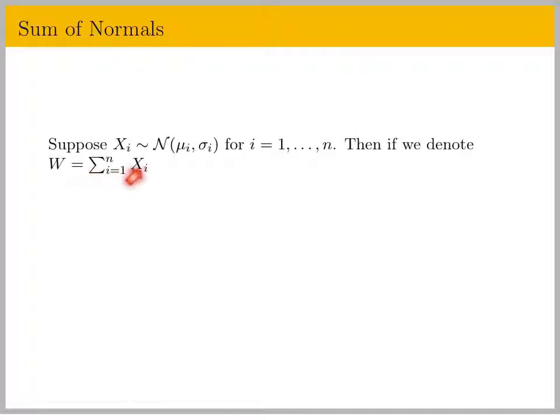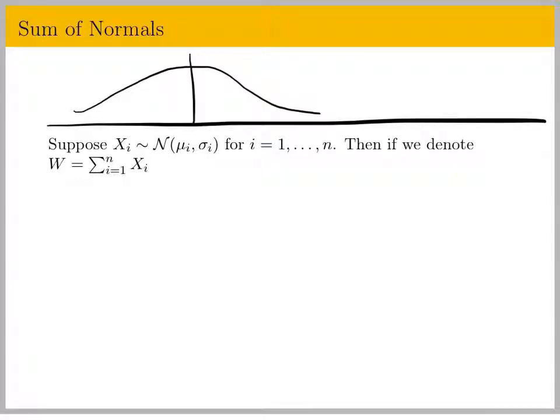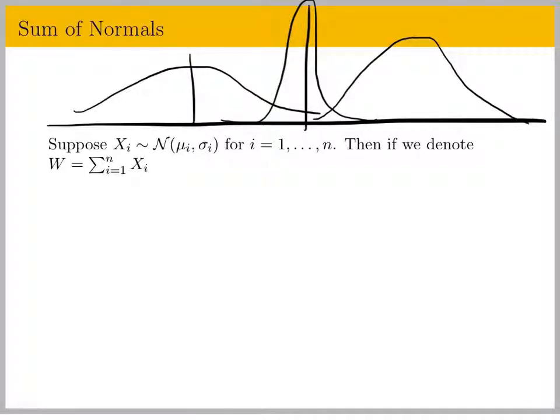Now I'm going to take all these n random variables that are normals with differing means and standard deviations. That is, one might be very dispersed and have a mean over here. One might be very sharp and have a mean over here, and another might be somewhere in between.